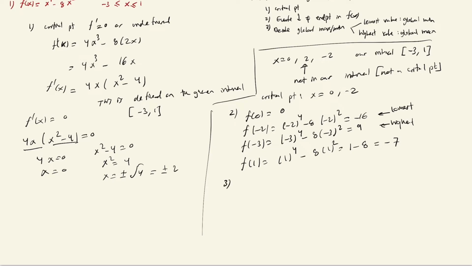Therefore, step 3 is to decide what's a global maximum and minimum. So at x equal to minus 2, we have a global minimum. And then at x equal to minus 3, we have a global maximum.